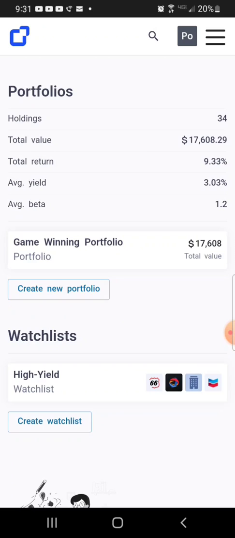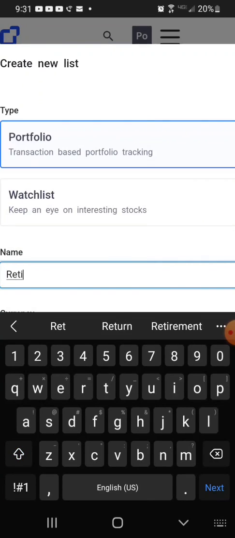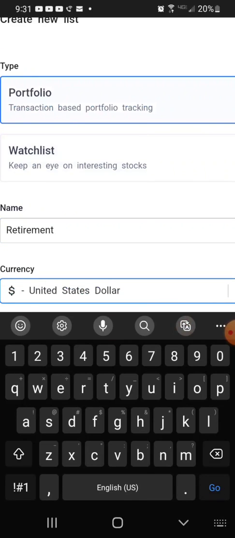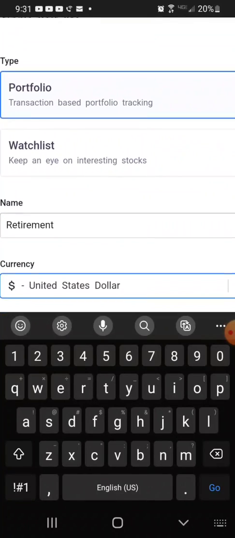So we're going to go ahead and hit create new portfolio. All right. So when we create the new portfolio, again, this is mimicking my retirement, so I'm going to put retirement. All right. And I'm going to hit next. And I want it in US dollars. Yep.